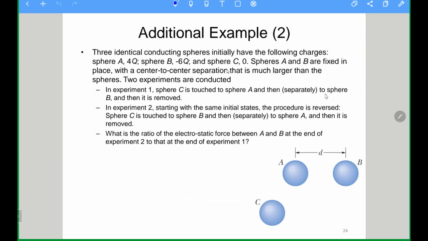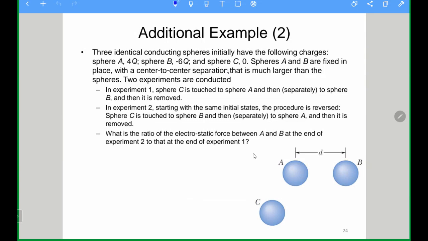And then sphere C touches B, and then it is removed. In experiment 2, we have the same initial state, but we reverse the procedure, which means sphere C touches B first, and then separates, and then touches A, and then separates. It asks what is the ratio of the electrostatic force between A and B at the end of experiment 2 to experiment 1.